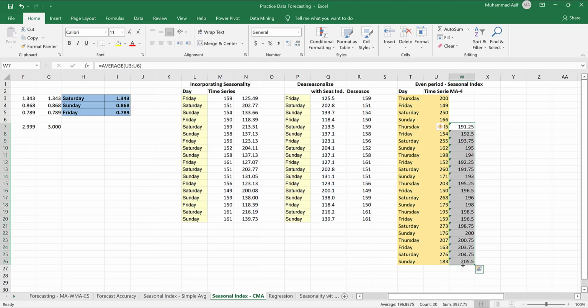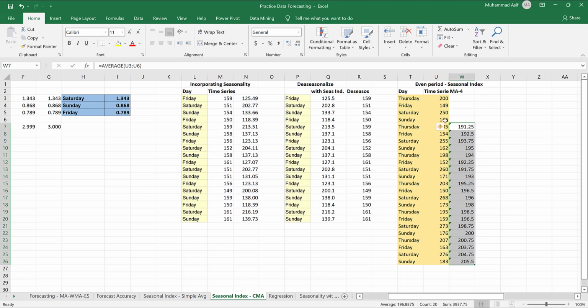Now the next thing is that again we want to assign this 191 where it belongs, but of course over here there is no central value, so we cannot assign this to any central value because Thursday, Friday, Saturday, Sunday are even number values. But we can assume that this 191.25 belongs somewhere between Friday and Saturday.